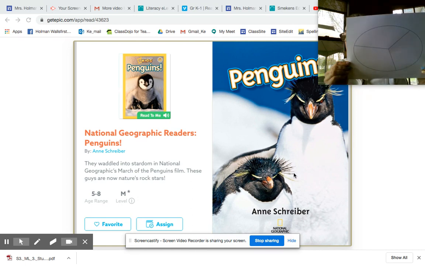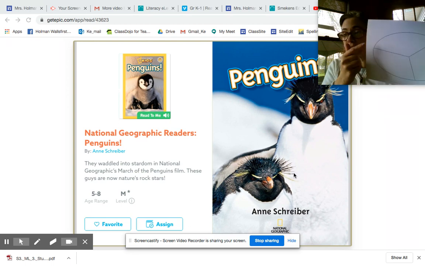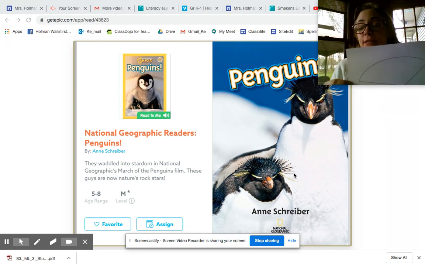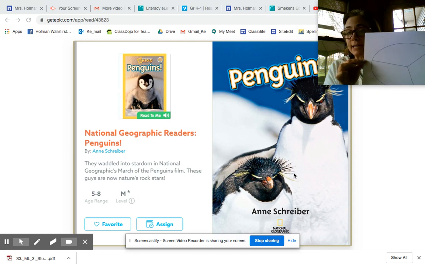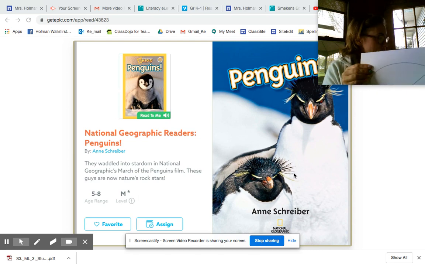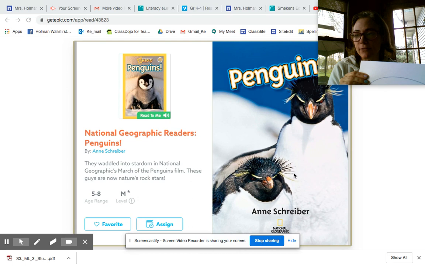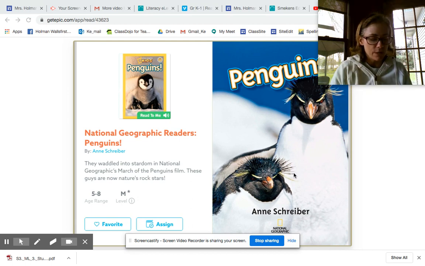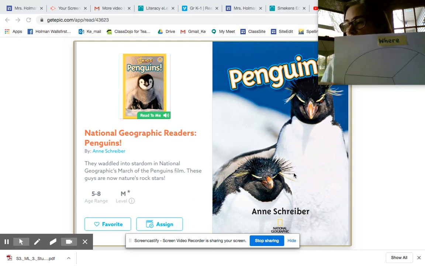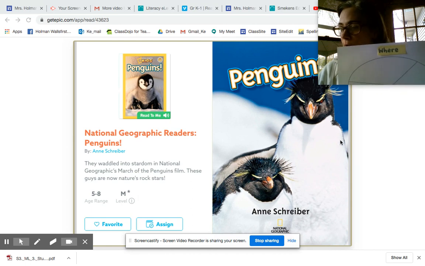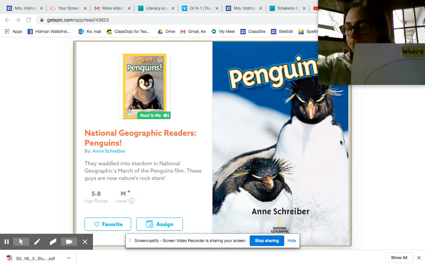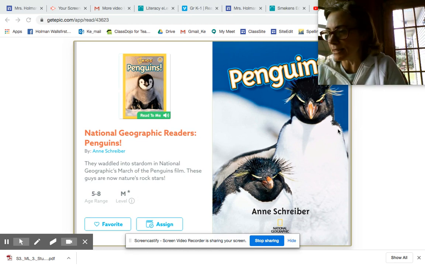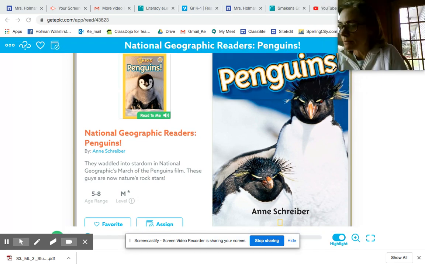I'm just going to use this as a guide, but if you print this off, you can actually write in it. So the first thing I'm going to peel off here is the word where. The first thing that we're going to talk about in our penguin book is where they're from. So I'm going to go ahead and get started. I'll put this down for now while I read, and then I'll pick it back up.